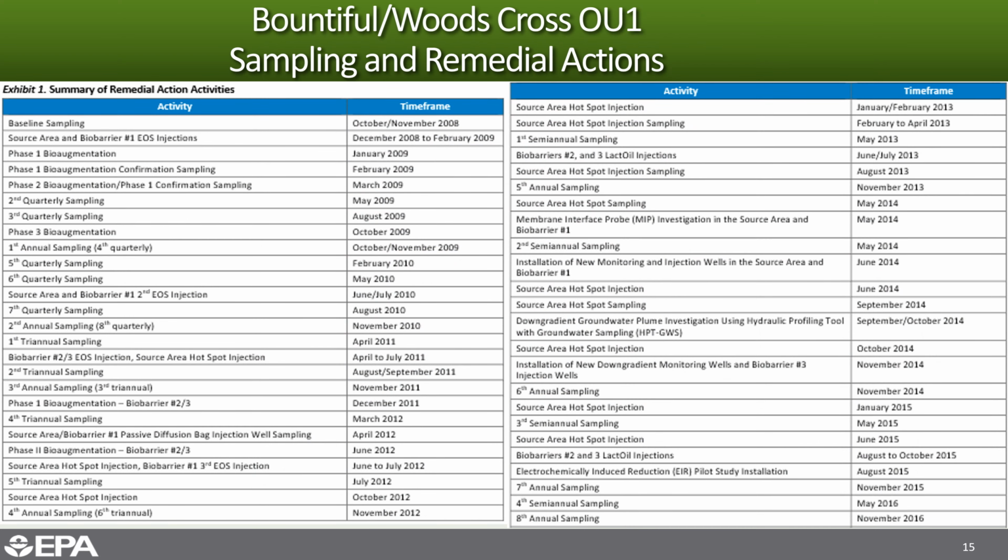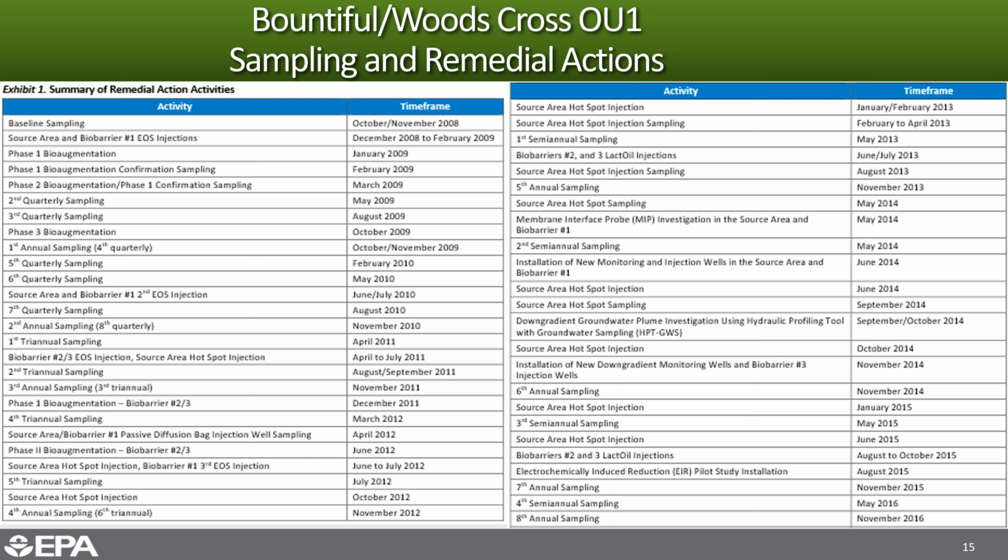And there's actually quite a history of sampling and remedial activities at the Bountiful OU1 site. In particular, I think we should pay attention to some of the applications of the high-resolution site characterization efforts, but you can see early on using Triad activities to place biobarriers and injection sites for some of the bioaugmentation.